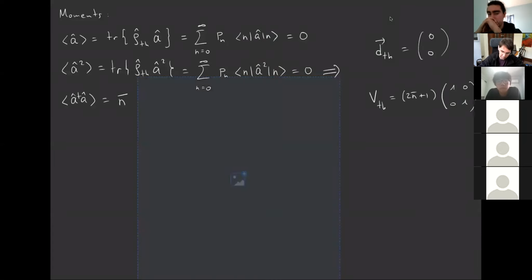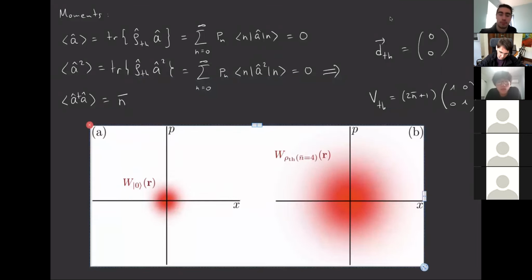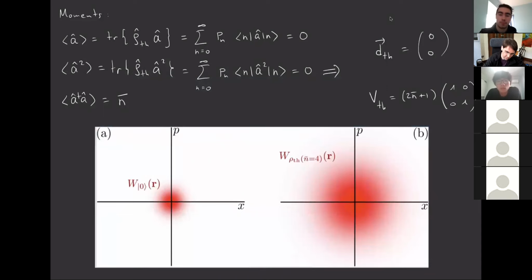This means that if we just plot the Wigner function, we get an intuitive idea of how the thermal state is in phase space. This is what we get. If this is the Wigner function of the vacuum state, which is a circle, an uncertainty circle around the origin of phase space, then the one of a thermal state, for example for n̄ equal 4, is also a circle, but a circle that has much more noise, by a factor square root of 5.